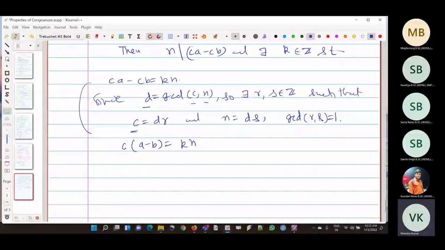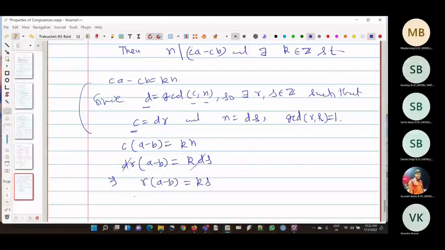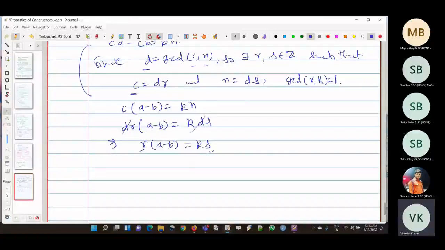In place of C we substitute DR, and in place of n we put DS, so D gets cancelled. We have R times (A minus B) equals k times S. Now, because S and R are relatively prime, this implies that S should divide A minus B. This is because the greatest common divisor of S and R equals 1. They are relatively prime.